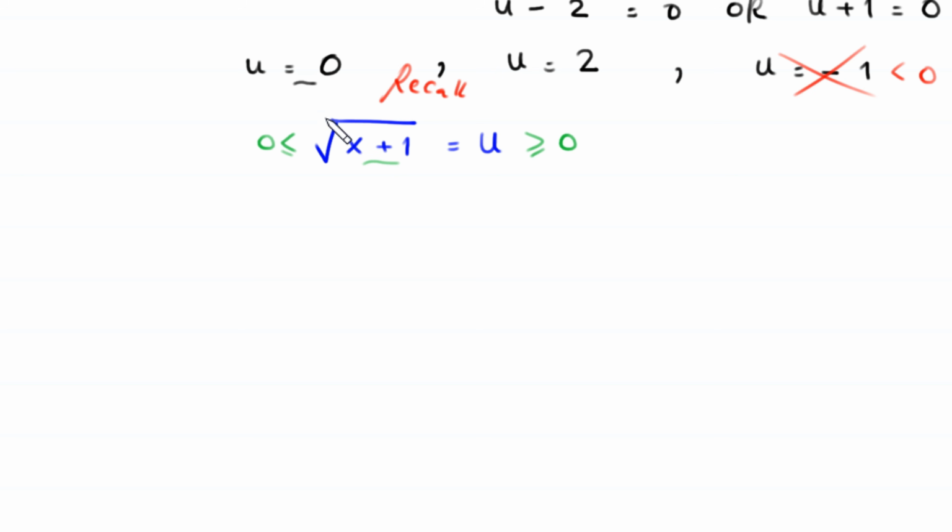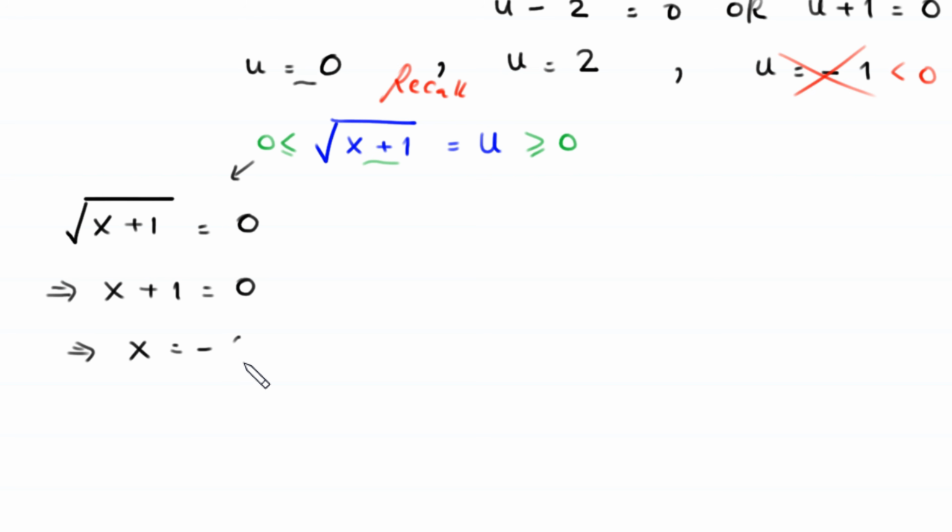When u is equal to 0, then this will become the square root of x plus 1 equal to 0. If we take square of both sides, this implies that x plus 1 equal to 0, and this implies that x is equal to negative 1.